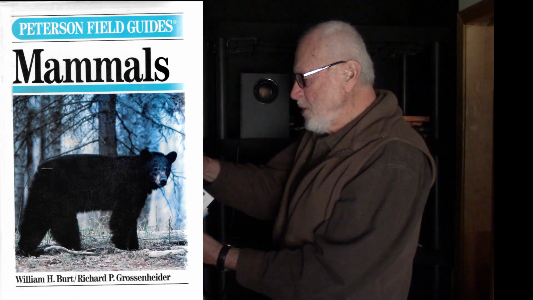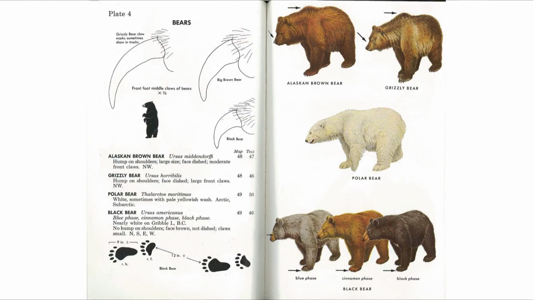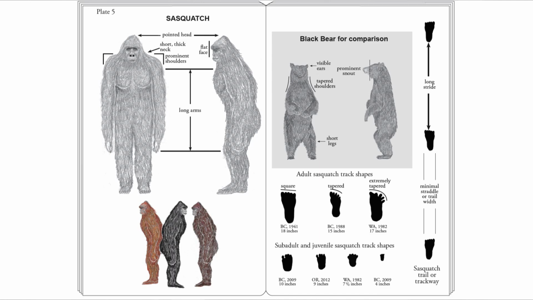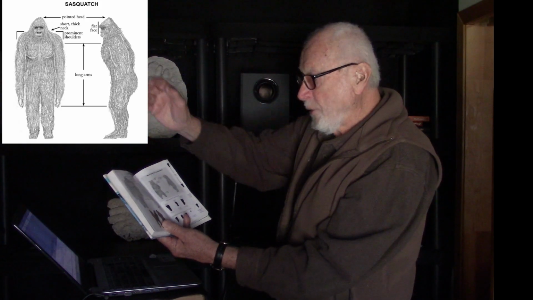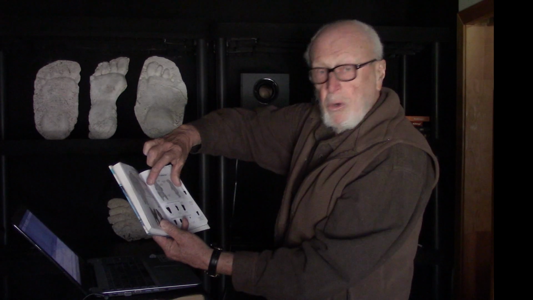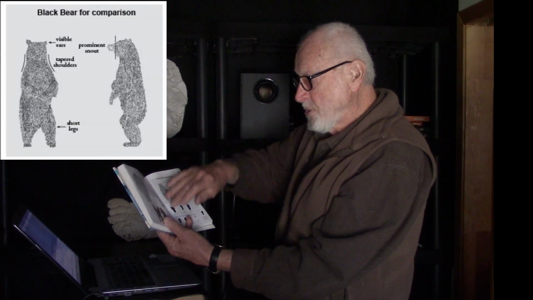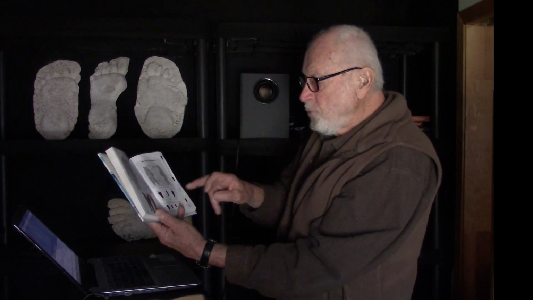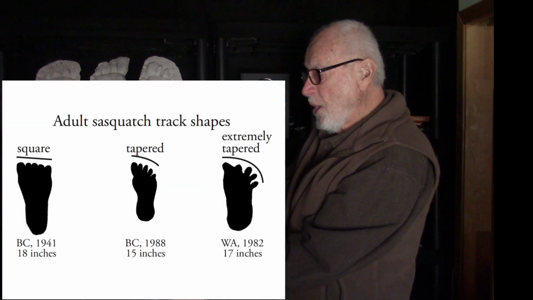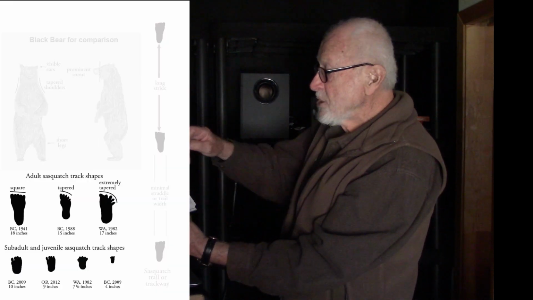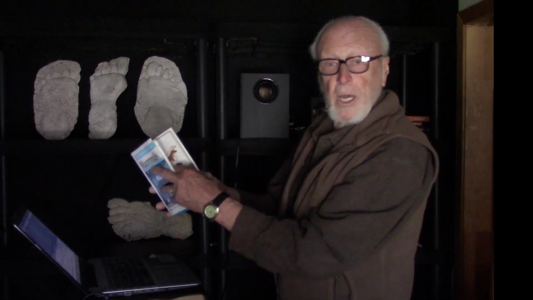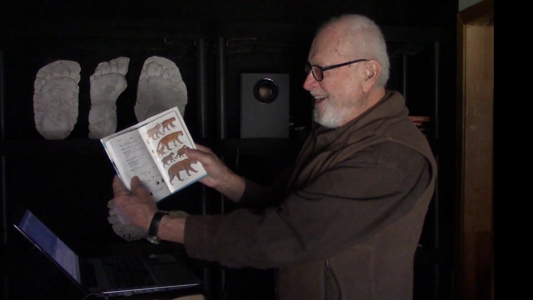If we use this beautifully illustrated bear page as a template, we can do the same thing with the Sasquatch. Show the Sasquatch pointing out anatomical features, maybe show an upright bear for comparison, show the color phases of the Sasquatch, show some of the most common track shapes, show the range of track sizes, show the trackway. Do that, and then move on to other mammals.